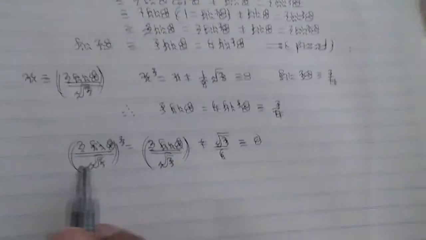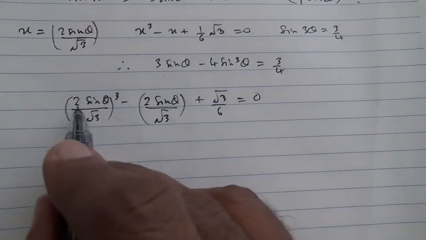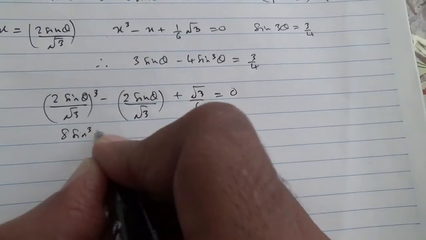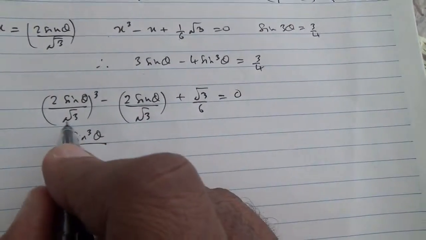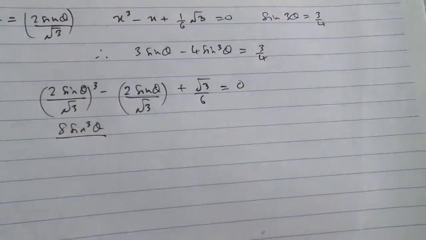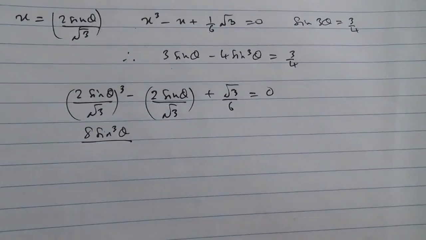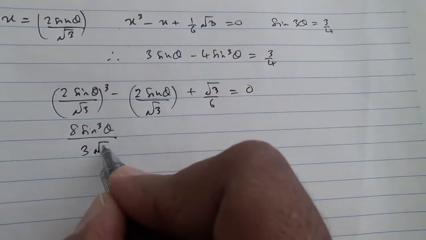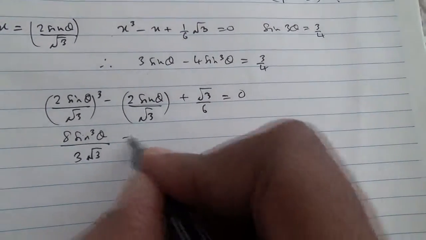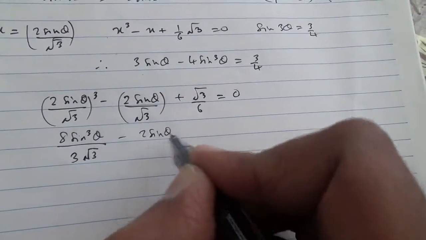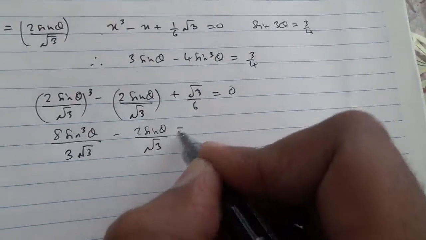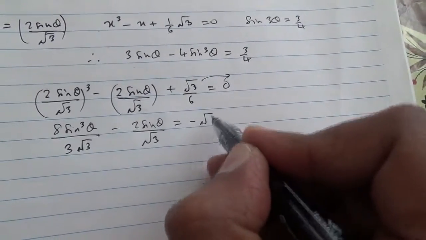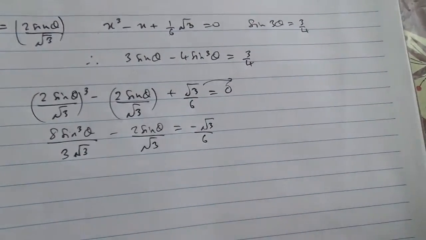Now what is this? 2 cubed is 8, so 8 sine cubed theta divided by root 3 cubed, which is root 3 times root 3, which is 3, then times root 3. Minus 2 sine theta over root 3 is equal to, you can send this to the other side, it's going to become minus root 3 over 6.